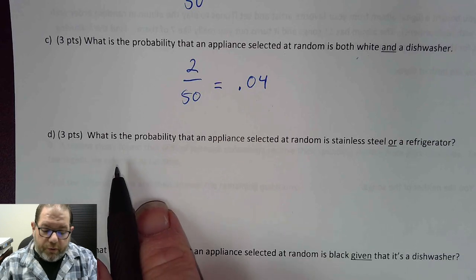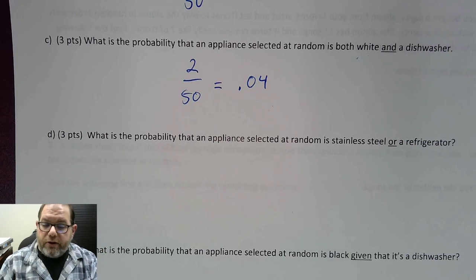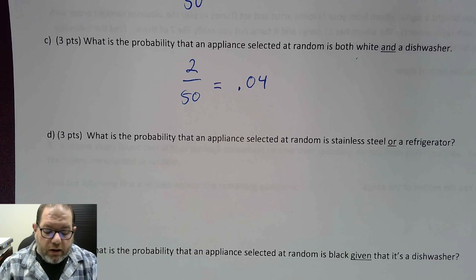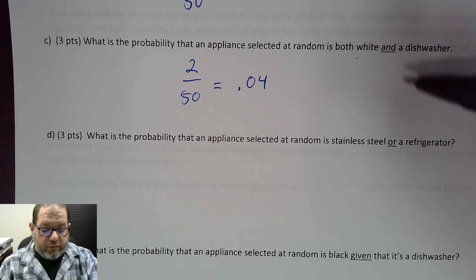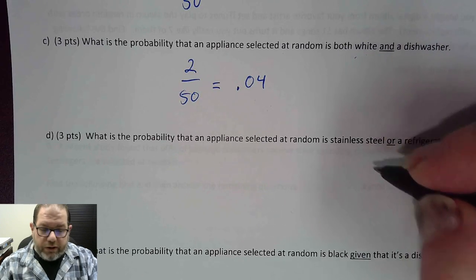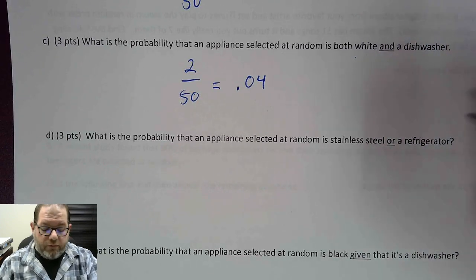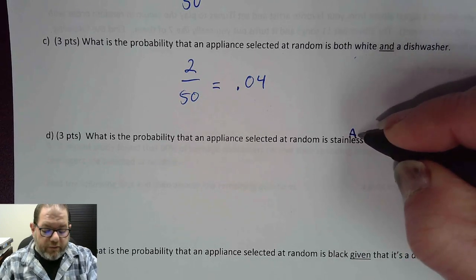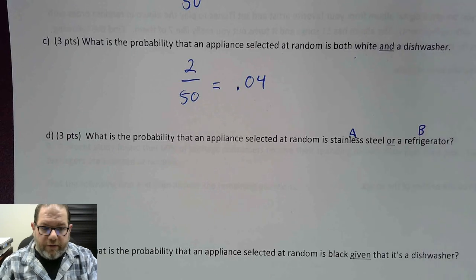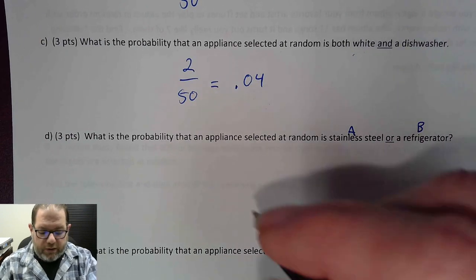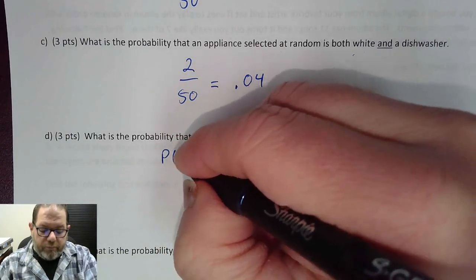Now in part D, the probability that a randomly selected appliance is stainless steel or a refrigerator. So now with or, we have a combination of 2 events. So I'm going to identify this as event A and event B, just for simplicity's sake.